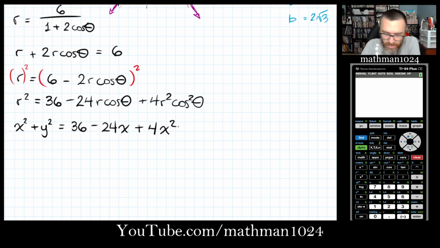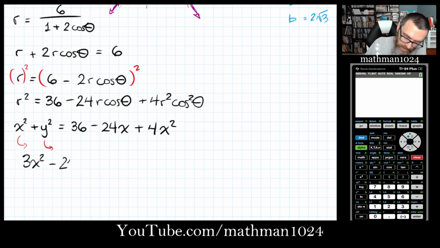All right, so we're going to have to go through the process of getting things to one side and completing the square. So I'm actually going to move both of these terms to the right side and just rearrange things. If I subtract the x squared, I end up with 3x squared minus 24x, then we have minus y squared equals, I'm going to take this 36 and move it to the other side and make that a negative 36.